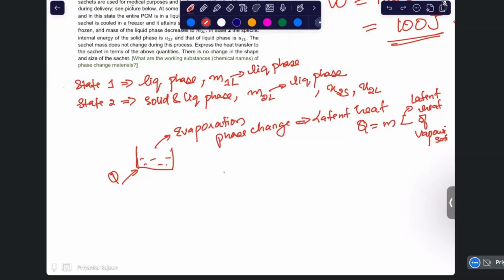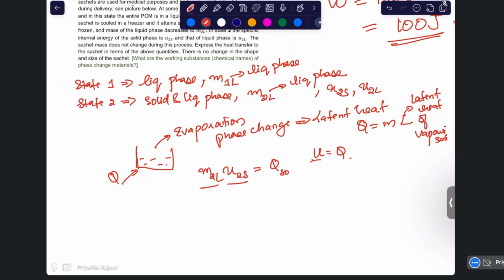This small letter u is the specific internal energy that they have given. So U2S times M2S will give you the U of solid, because there is no work done, so change in U equal to Q. This capital U is written as specific internal energy times mass.